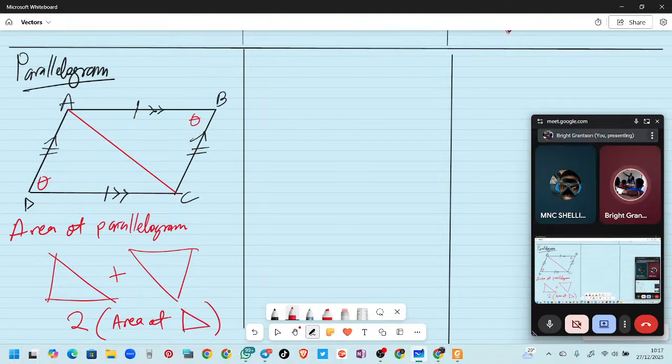What's the area of one triangle with respect to the angles? The area of a triangle is half. Now the angle is in between which side?